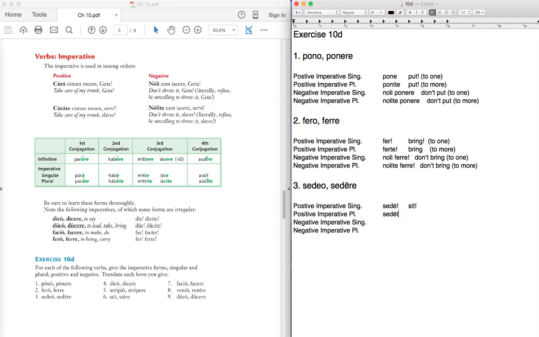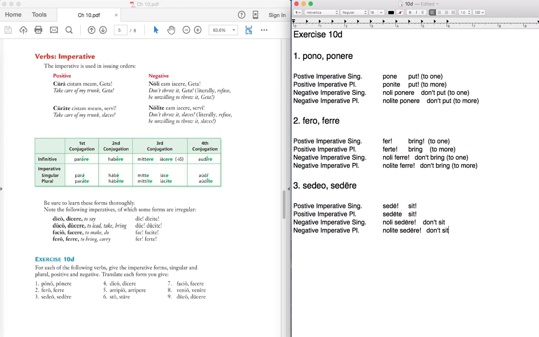Sedete. Sit, with the understanding that that's to more than one person. And here, noli sedere and nolite sedere. And these are both don't sit, whether to one or more than one person.